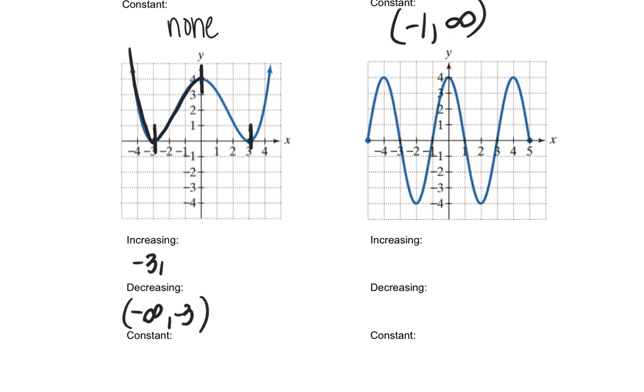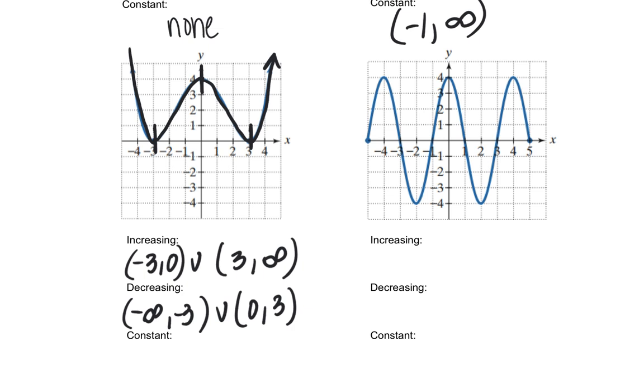So from -3 to 0, I'm increasing. Then I start going back down again. So from 0 to 3, I'm decreasing again. Then I start coming back up. So from 3 to positive infinity is my next interval of increasing. And there is none where I am constant.